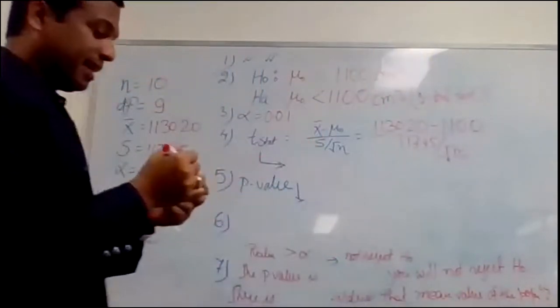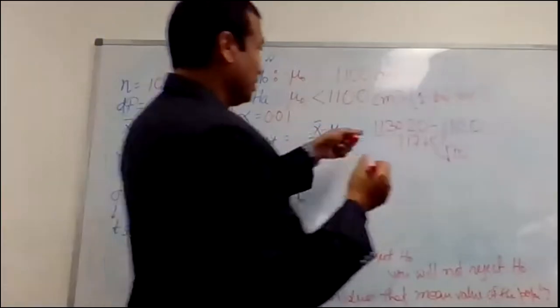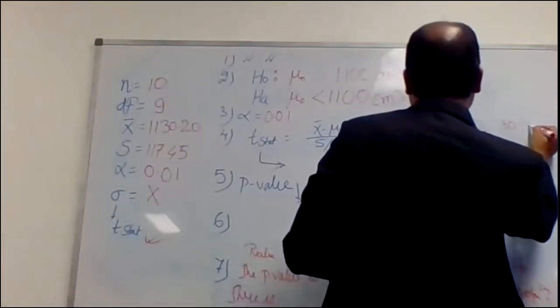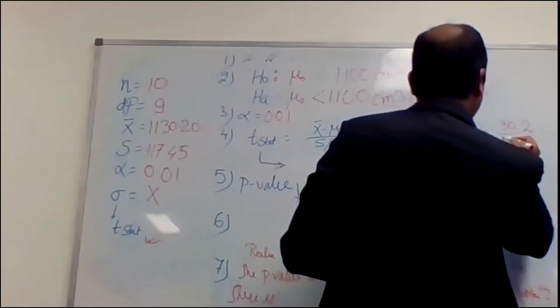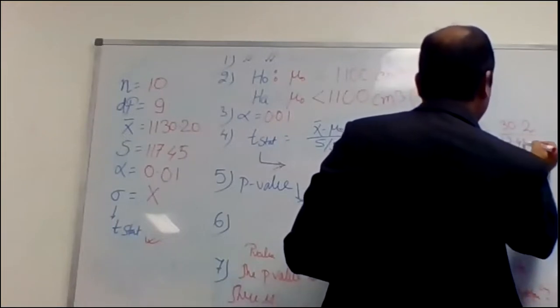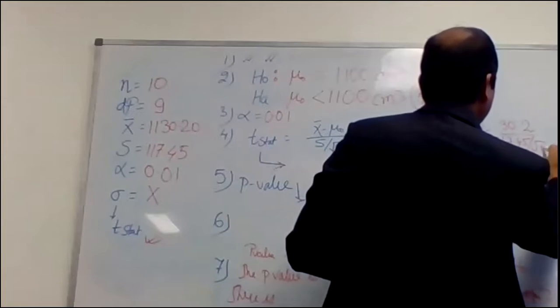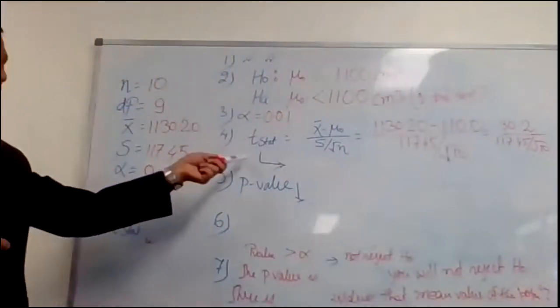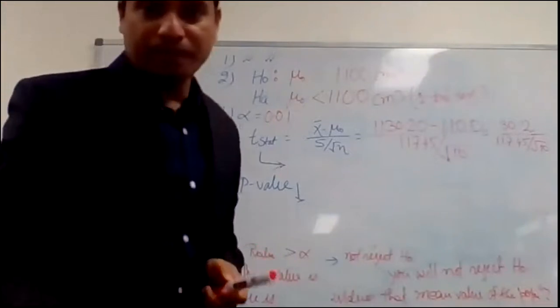Can you get the t value using this? It's 30.2 divided by 117.45 divided by square root of 10. The t value is 0.813.